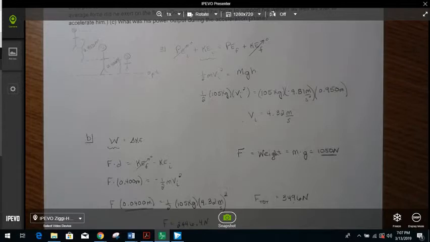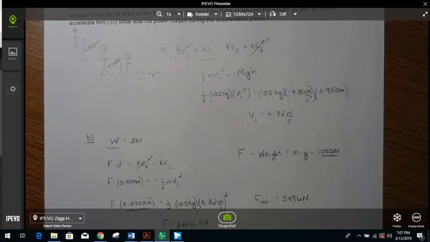So 0.400 meters equals 1/2 multiplied by 33.3 meters per second squared multiplied by t squared. You get a time equal to 0.155 seconds.